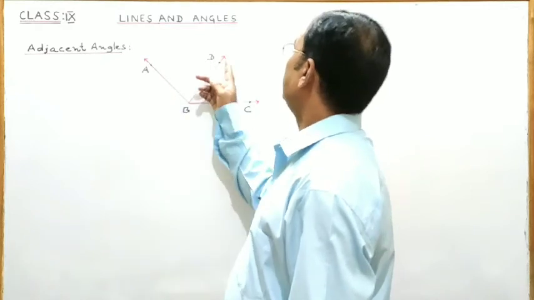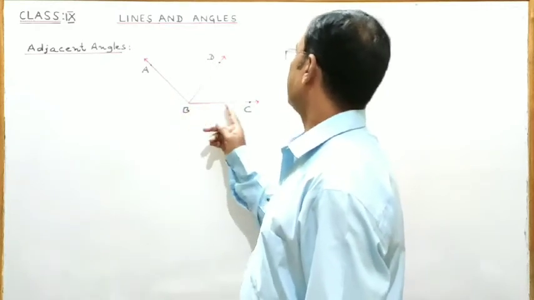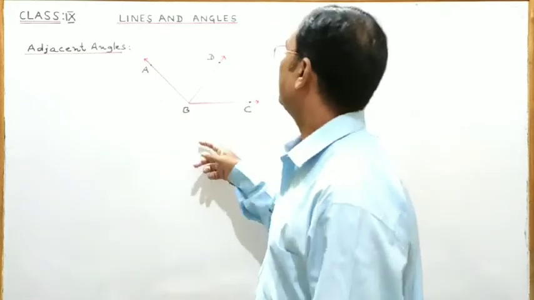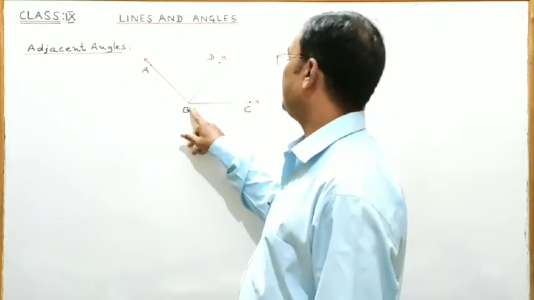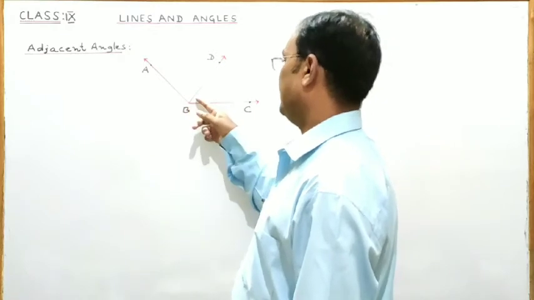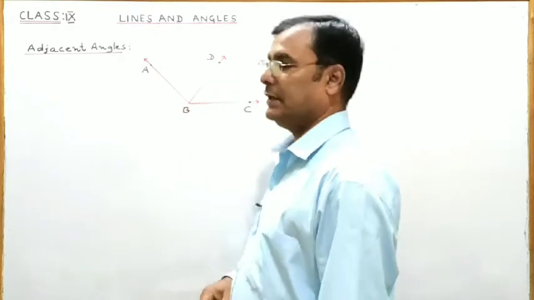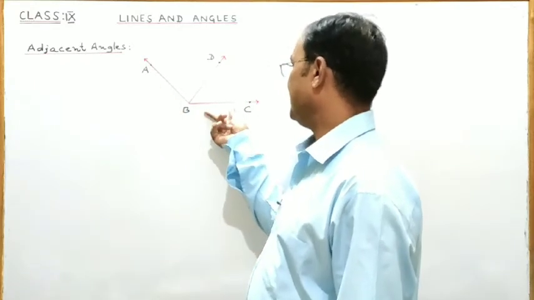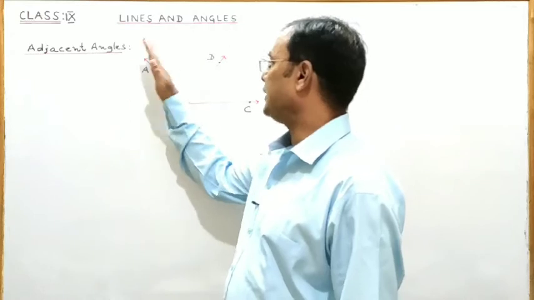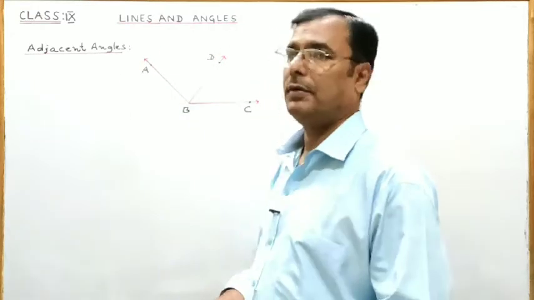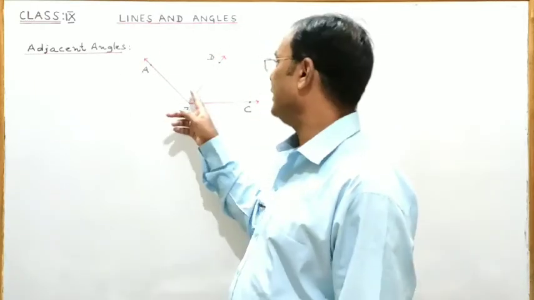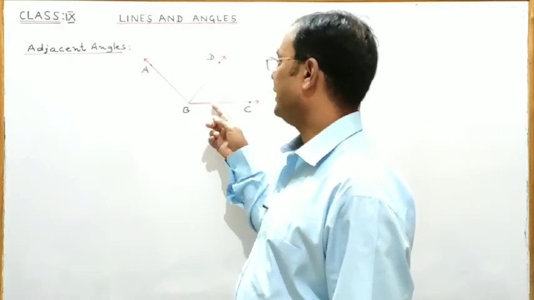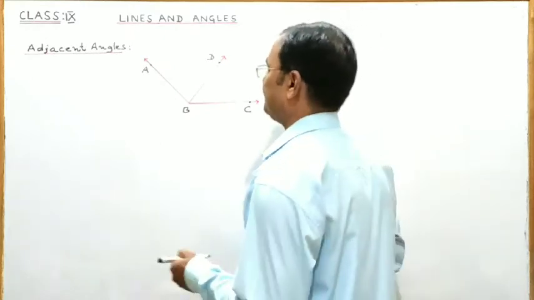Angle ABD and angle DBC in this figure are adjacent angles because they have a common vertex B and they have a common arm BD, and non-common arms AB and BC are on different sides of the common arm. So, angle ABD and angle DBC are adjacent angles.